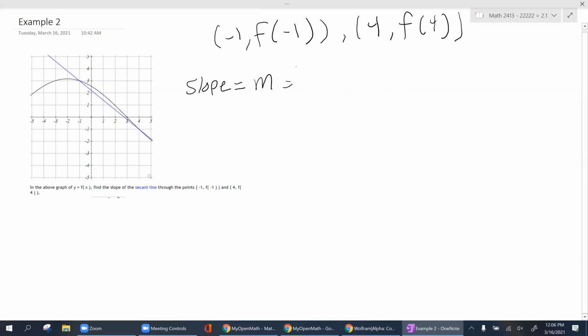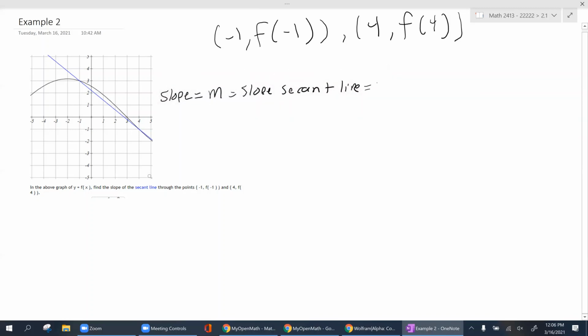And one thing that I want us to know going into this is that if you're asked to find the slope of the secant line, it's the same thing as finding that slope that we're used to finding. And I'm going to expand that definition even more.